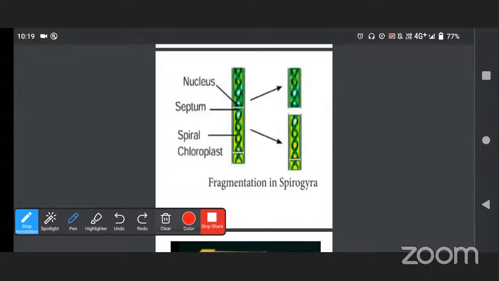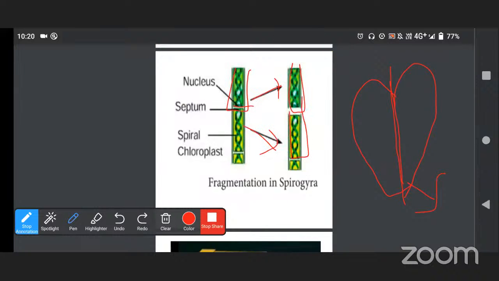Our heart has four chambers. Suppose this is our heart. One wall is there, which is known as the septum. Like this, Spirogyra has a septum. And this is their chloroplast. Whenever their cells start to divide, from this part a new Spirogyra will form, and from this part also a new Spirogyra will form.